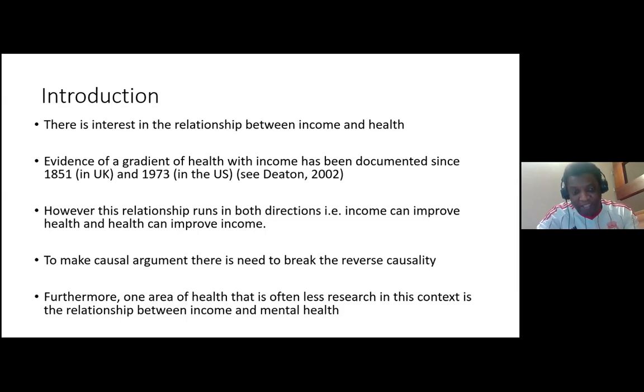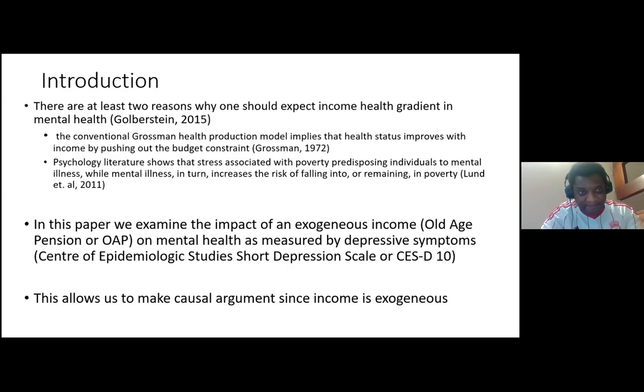The other important part is that when we're talking about the relationship between income and health, there's a lot of focus on other health outcomes, and there is a lot less focus on health outcomes when it comes to mental health. So this paper attempts to fill that gap.